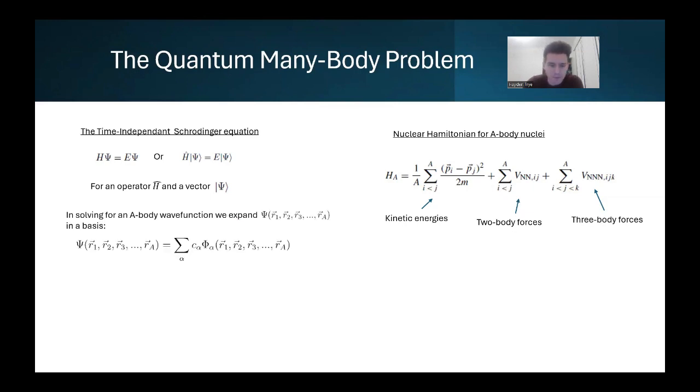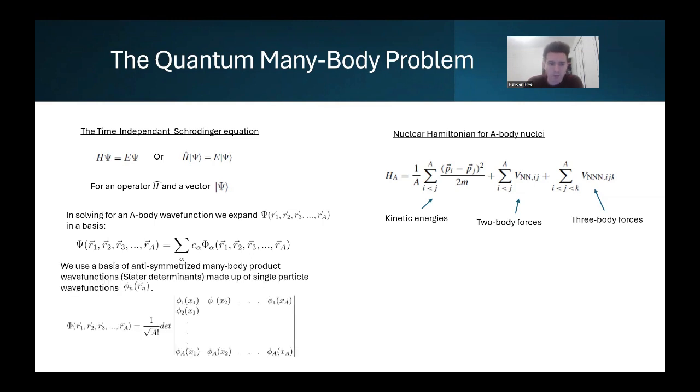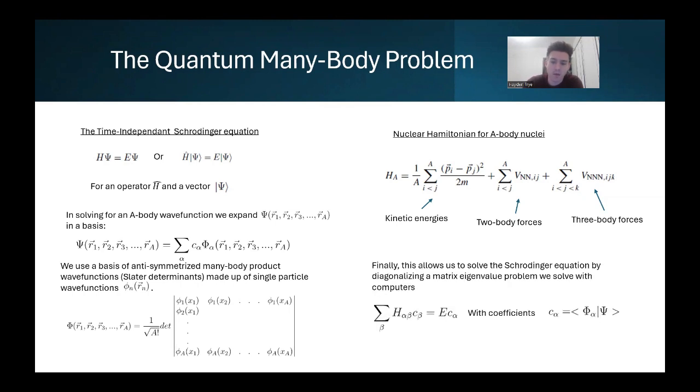We then expand our A-body wave function in terms of anti-symmetrized many-body product wave functions called Slater determinants, made up themselves of single-particle wave functions. Finally, this allows us to solve the Schrodinger equation by diagonalizing a matrix eigenvalue problem, one where we can solve it directly using computers for a given number of states.